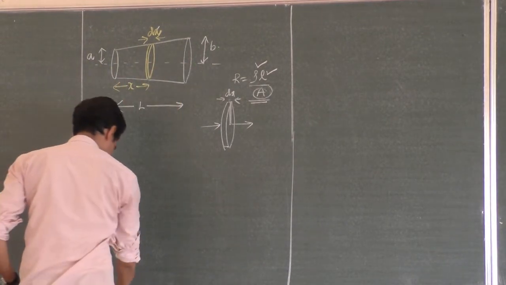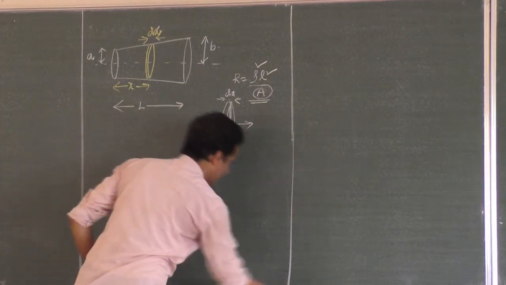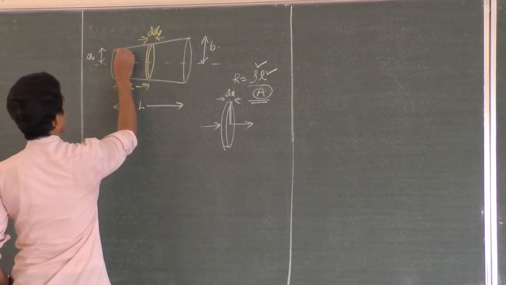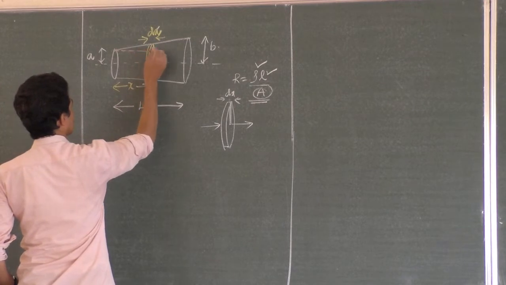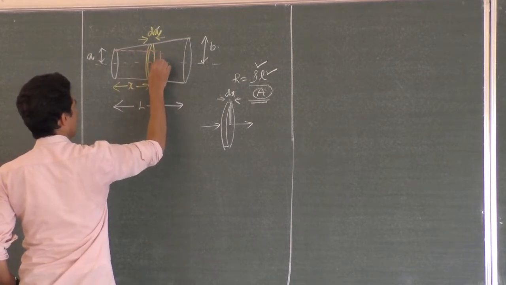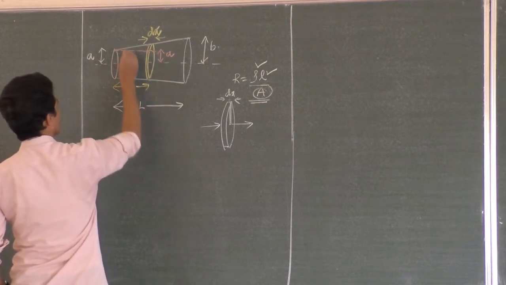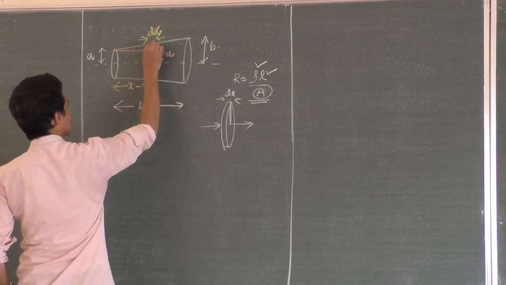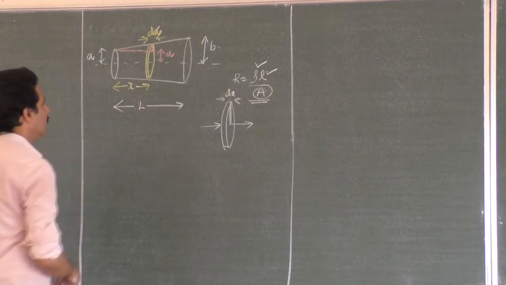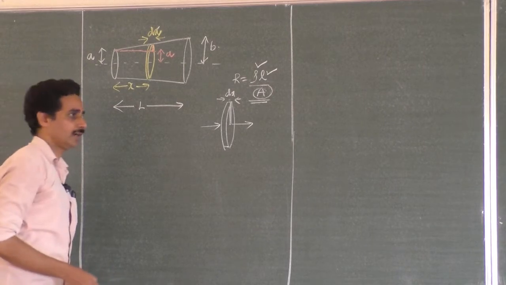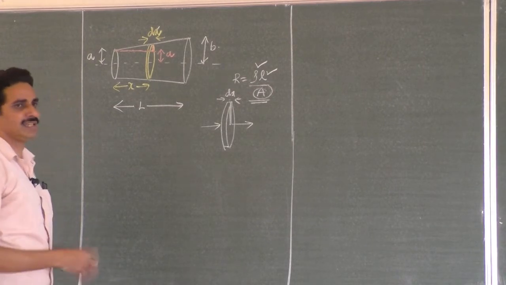Now let me continue this here like this. So let this be a, this is also a, and the extra height, that is what you have to find out. It is given in the problem that it varies linearly.